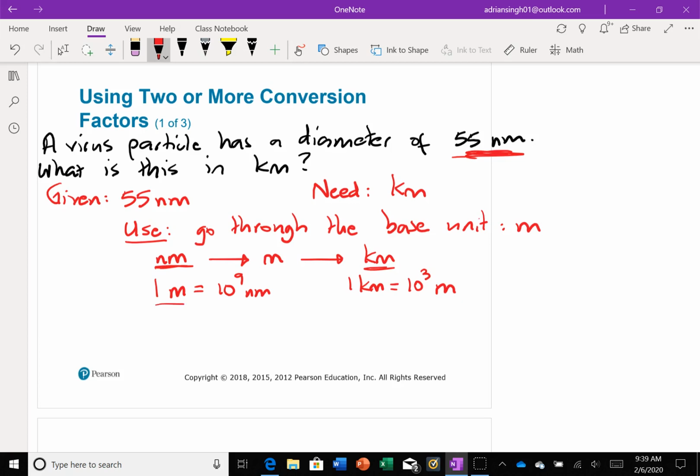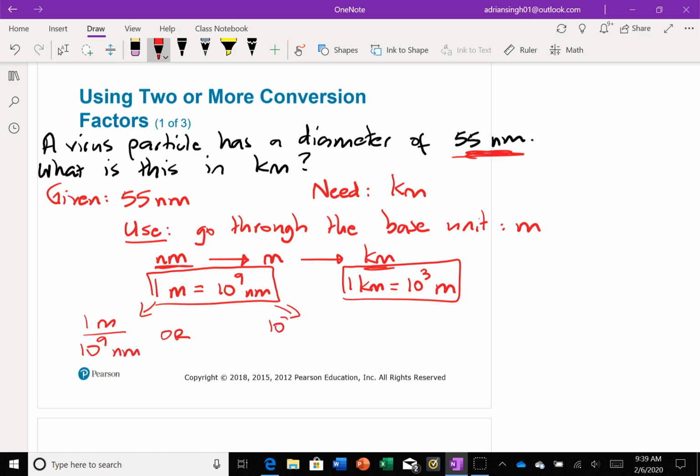So I'm sorry, those are the equalities. So we can take each equality and turn it into 2 conversion factors. So we have 1 meter over 10 to the 9 nanometers, or we flip it, 10 to the 9 nanometers over 1 meter. And then for the other one, 1 kilometer and meters here, we have 1 kilometer over 10 to the 3 meters. And then we flip it to get the other conversion factor.